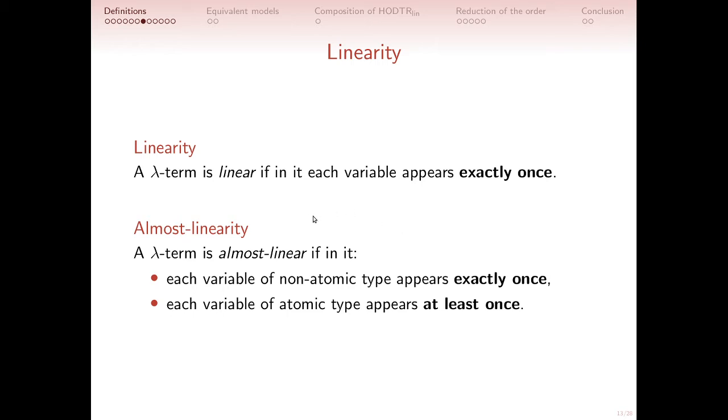And almost linearity is a bit different in that we allow for variables of atomic type, that is, the type of output trees, to be copied, but not the variables of higher order.